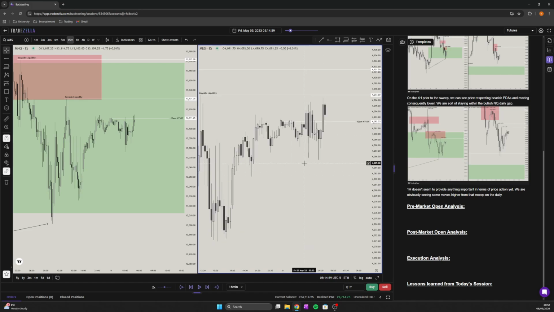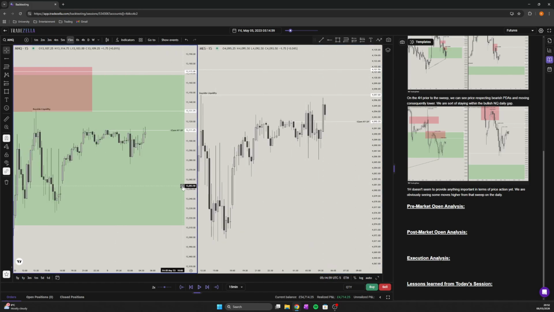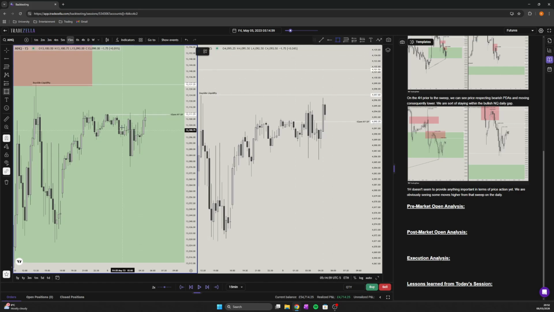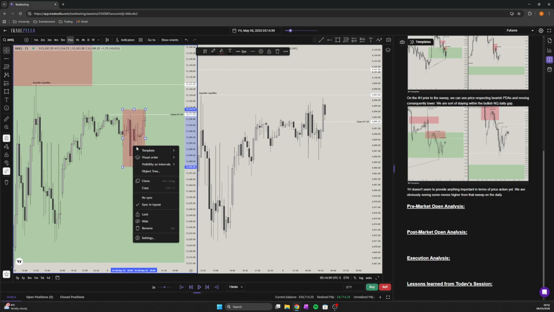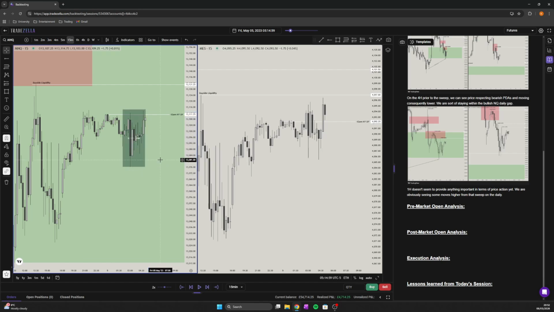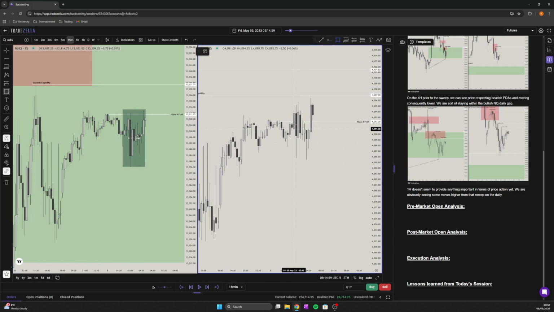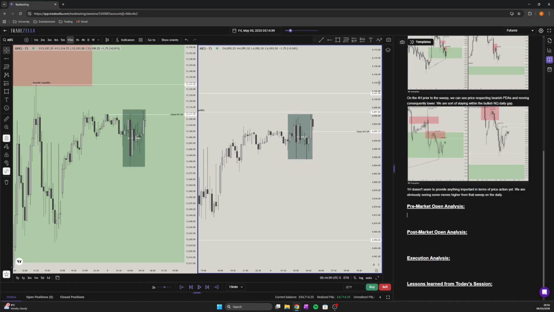It just kind of trades within the range, right? It doesn't do anything of importance. It's the first time I've seen London actually consolidate. London kind of just takes up both sides of Asia, doesn't it? Okay, very nice.